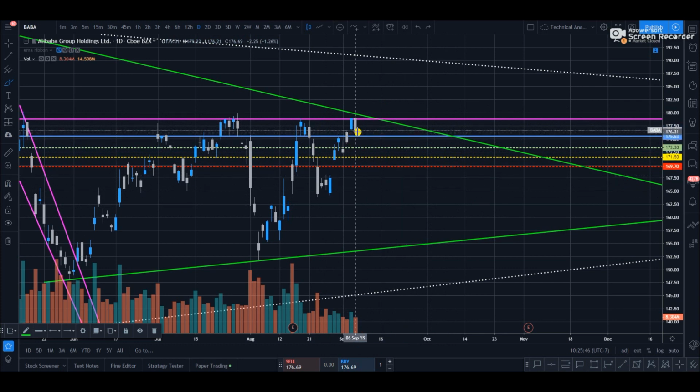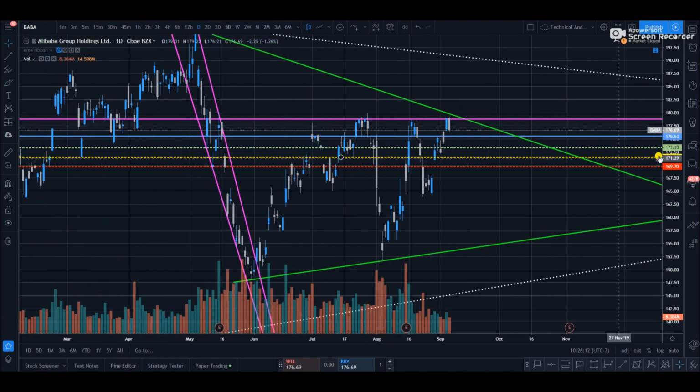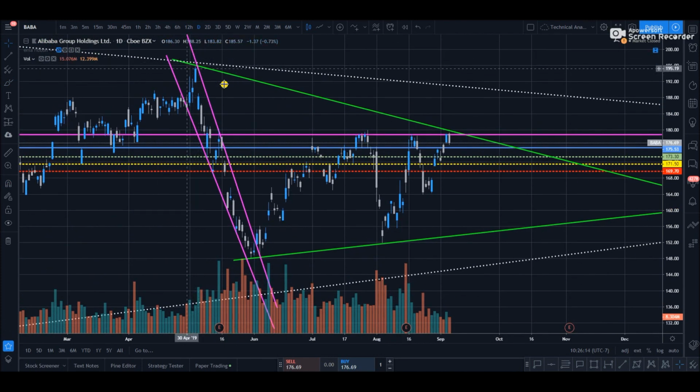But if you want to play the long term, we could possibly get some put calls around here, like break down to the 175 and then play this long-term channel on the ascending triangle before we break out, okay? So we're gonna have to see if we don't touch the 175, we could just break out of this resistance line to test this resistance right here, which was connected from here to the top of this line.